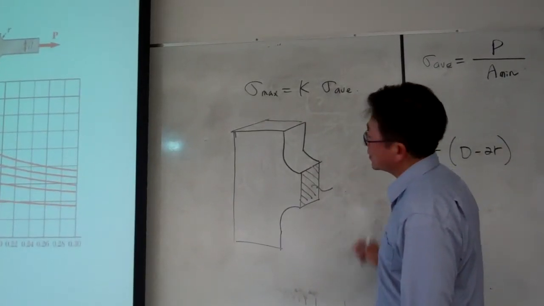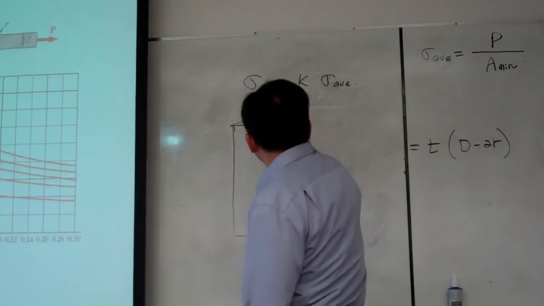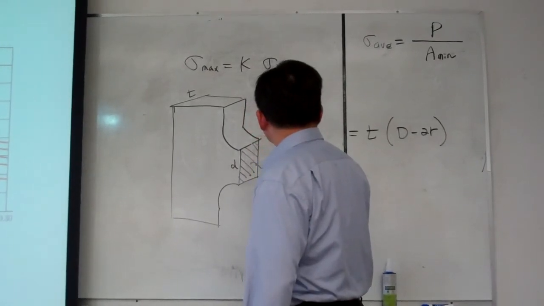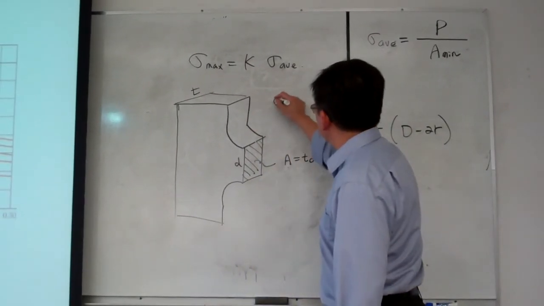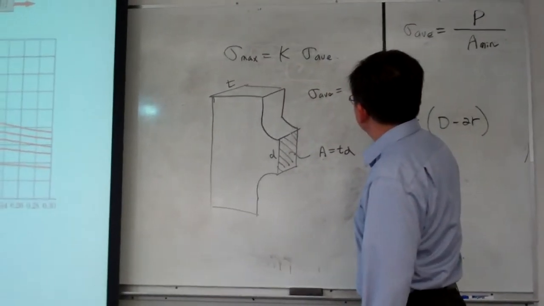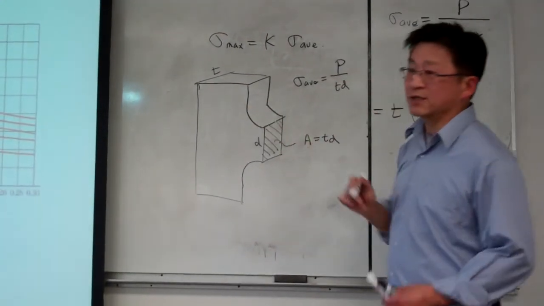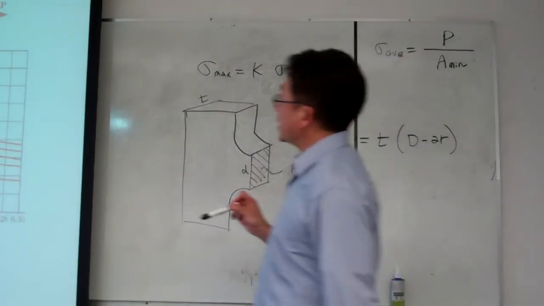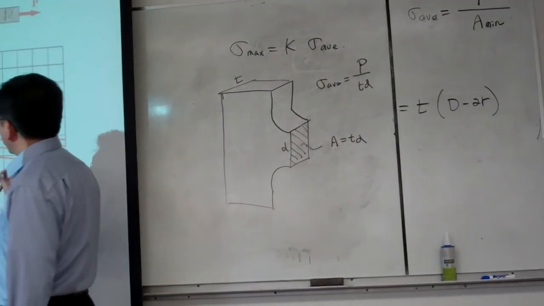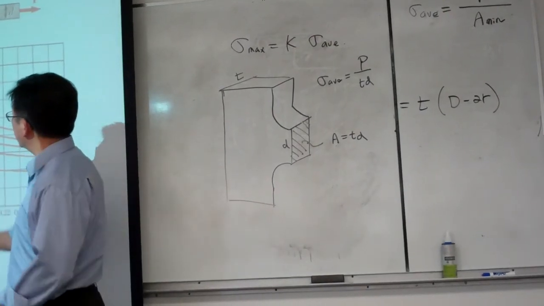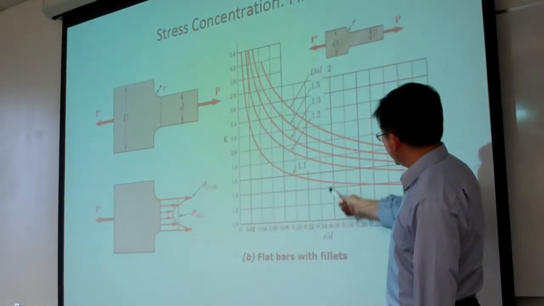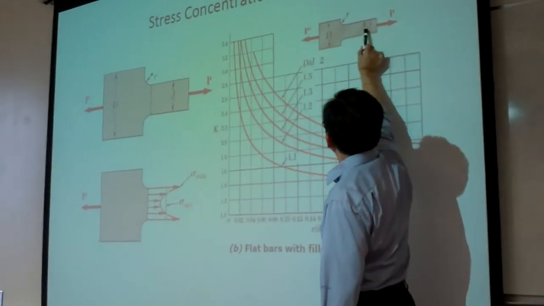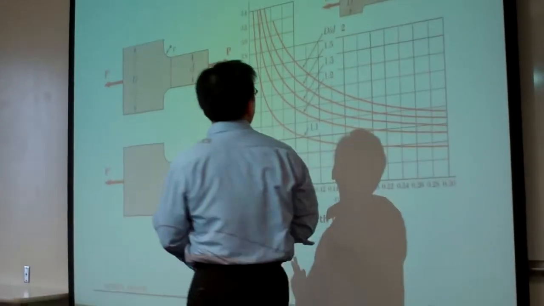For this case, let me call this thickness T, and that dimension is D here. So area equal to TD. Therefore, the sigma average will be equal to P divided by TD for this material model. And again, to uniquely identify the K, we follow this curve. Here we have the ratio r over D, and we also have to calculate the ratio between the capital D and D. We simply follow this information.